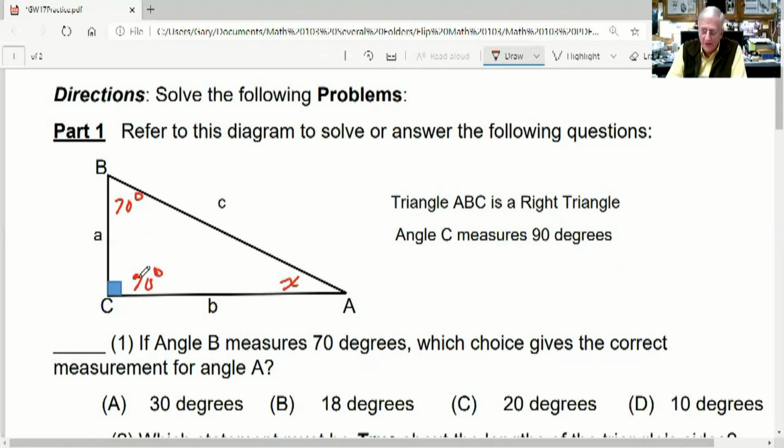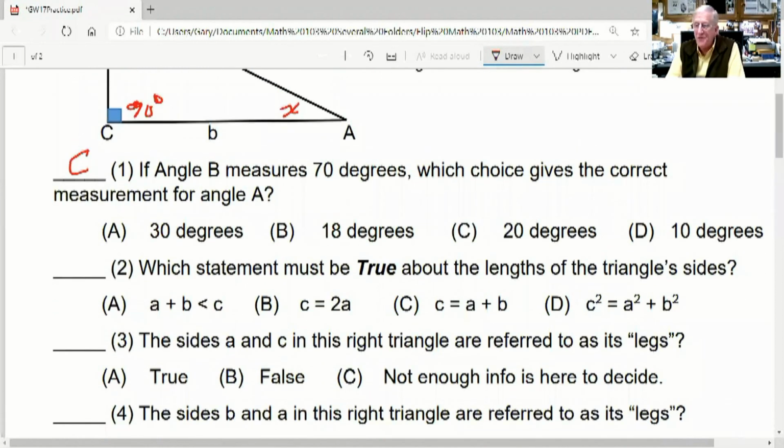So if I add these two together, that's 160 degrees of the 180 used up, correct? So therefore, what has to be left over out of 180? Well, you can see that the correct answer would be 20. So it is answer C. Okay, let's go on.